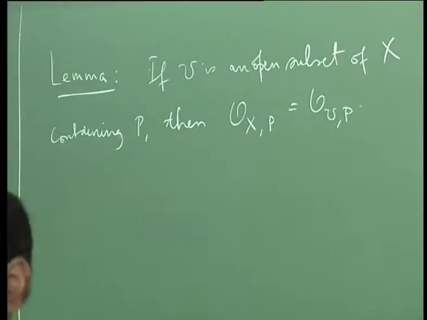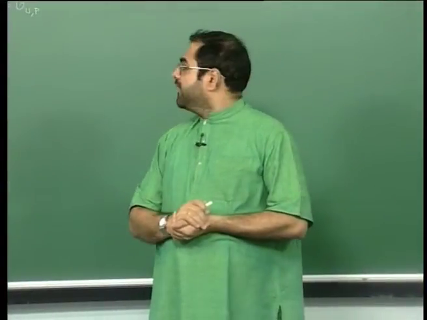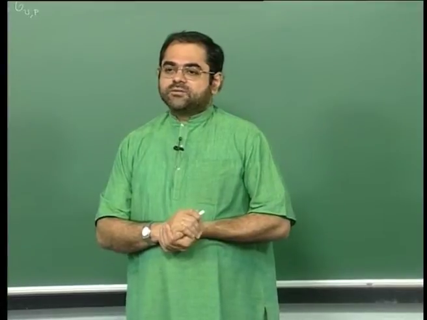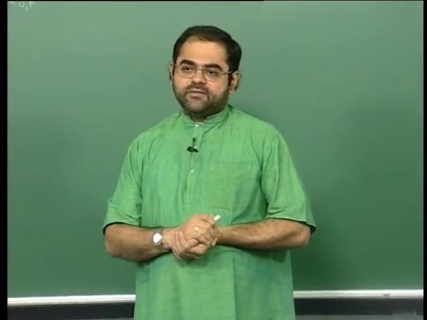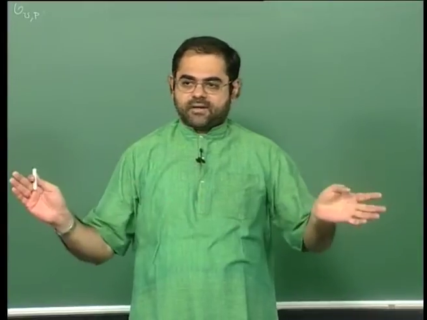So this is the important localness, namely the local ring at a point of a variety depends only on the neighborhood of the point. It does not depend on the ambient variety.